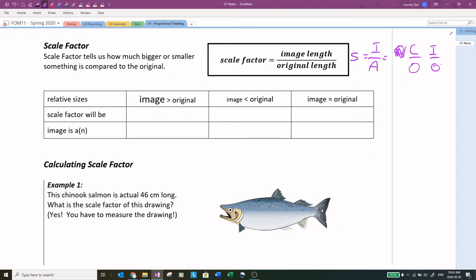Okay, so let's fill in this table. If the image is larger than the original, the scale factor is going to be greater than 1 because our image size is greater than the original size, and when you reduce that to a decimal, it's bigger than 1. And the image in that case is an enlargement.